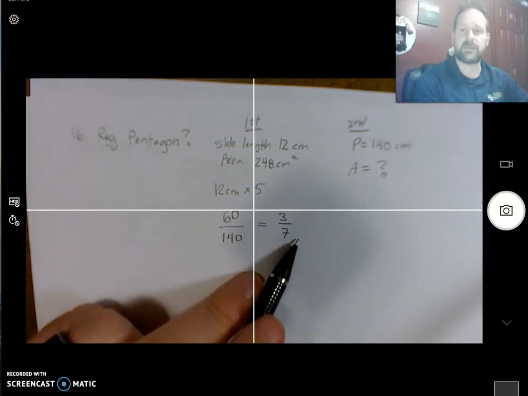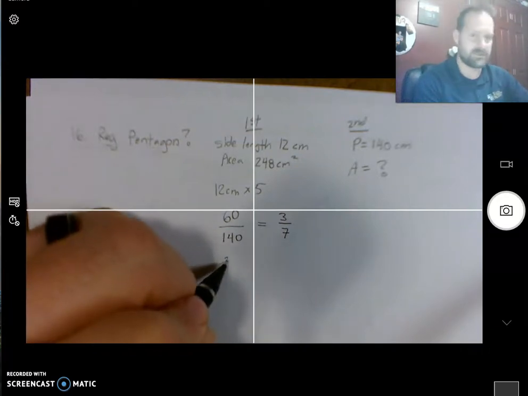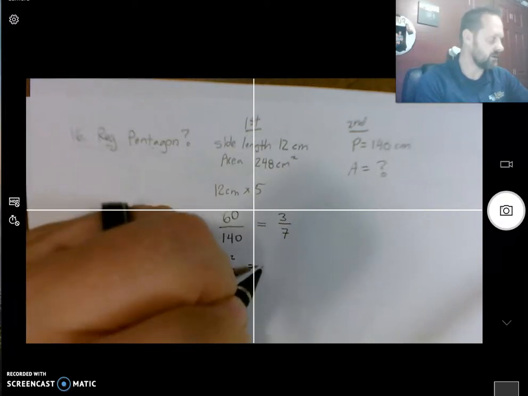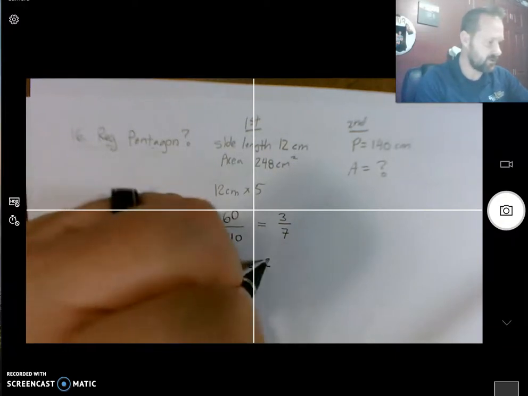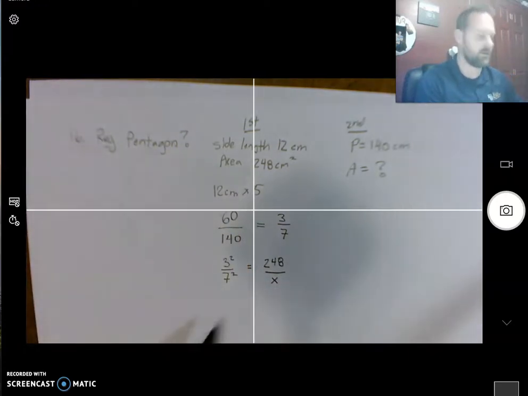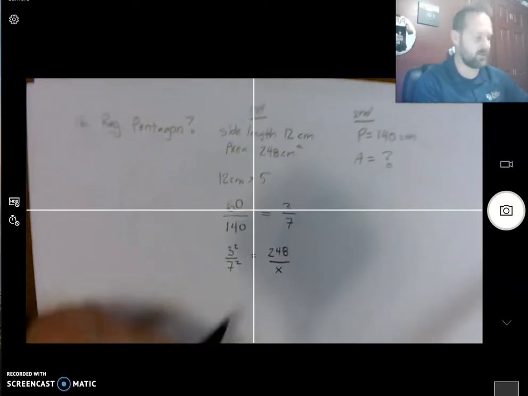Now we can set up with the area. So 3/7 squared is going to equal 248 over x. And so 9 and 49.